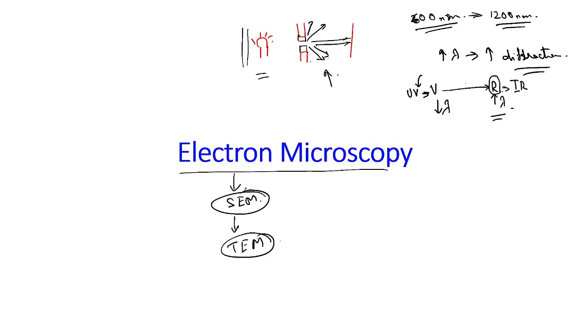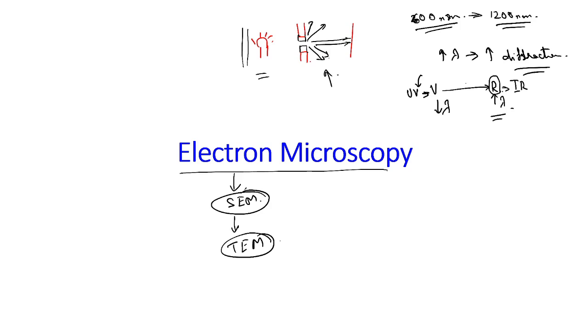Now in transmission electron microscopy, you have electron beams coming out at a much higher energy, and that is the reason it allows you to get information about the nanostructures. So if it is in the upper micron sizes, you can use optical microscopy.